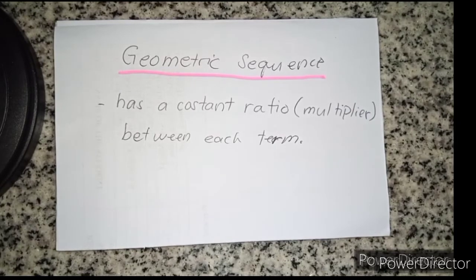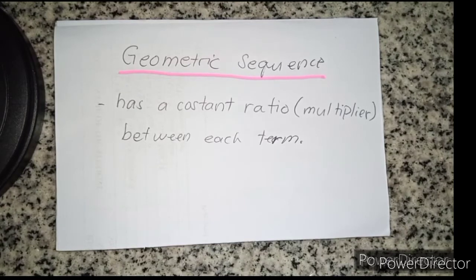So, the difference between the arithmetic and geometric sequence is: in arithmetic, once you add or subtract to each term, it is equal, while in geometric sequence, once you multiply or divide each term, it's also equal. So that is the difference between the two.